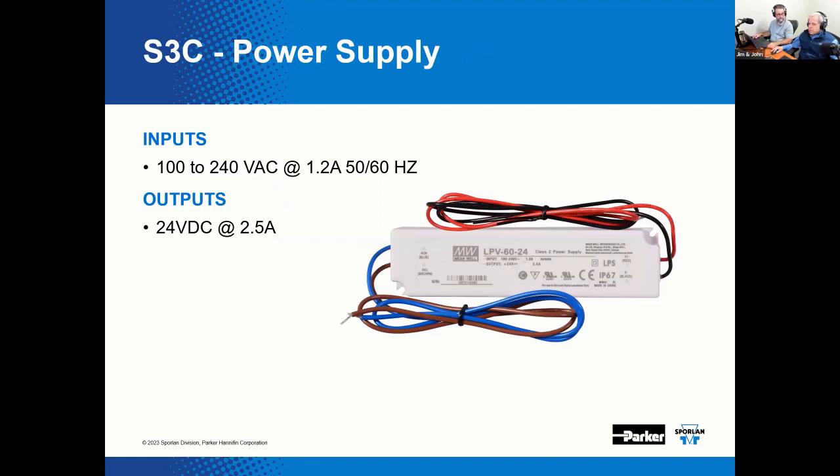So this is just a little fancy voltage transformer. It kind of is, but it's good, clean DC voltage, well protected. That'll help protect the S3C from any kind of electrical interference or damage. Good.